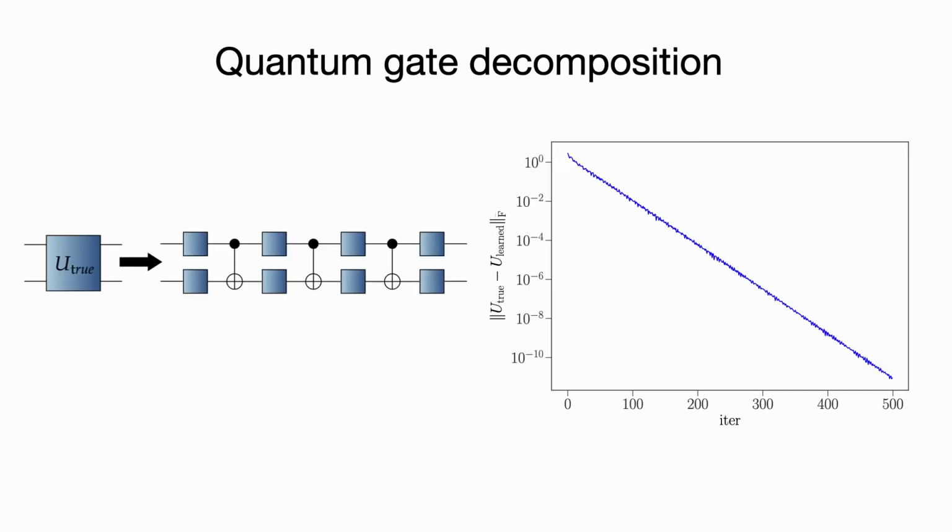We also can use Riemannian optimization to decompose quantum program into a sequence of local unitary gates and CNOTs. In a particular example, as a quantum program, we consider simple 2-qubit unitary transformation. We can solve this problem, for example, via minimizing Frobenius distance between quantum program and its decomposition.